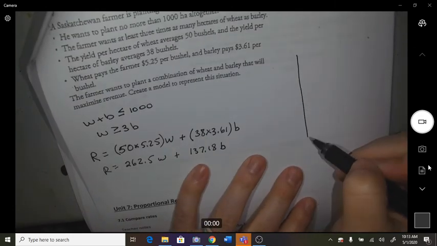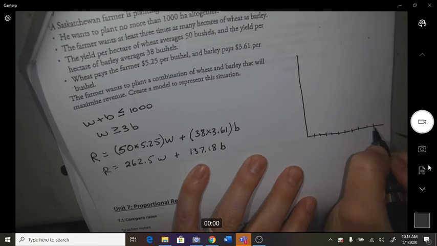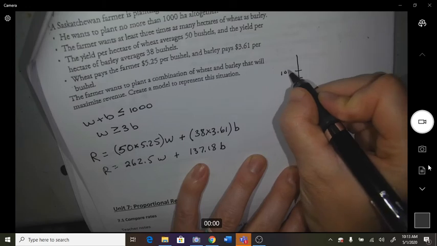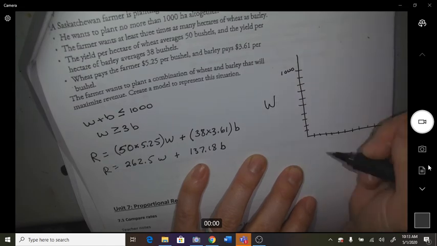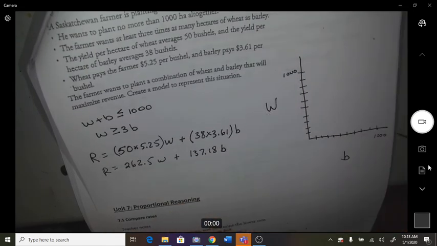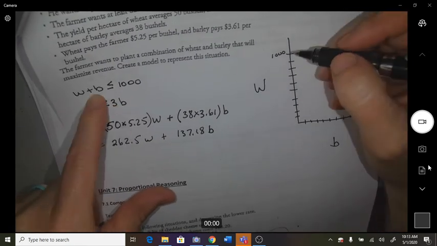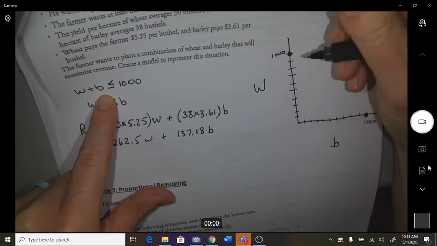Okay, so let's graph this. So this is 1,000. So I went up by hundreds, and I'm going to use W as my Y. On this line, your intercepts are both 1,000, solid line.